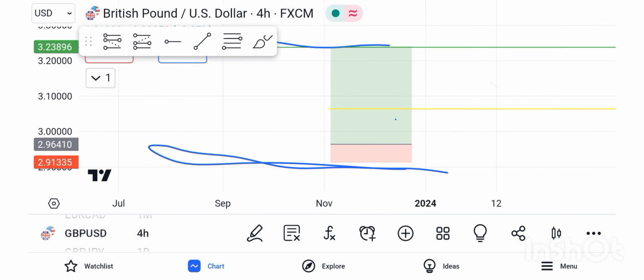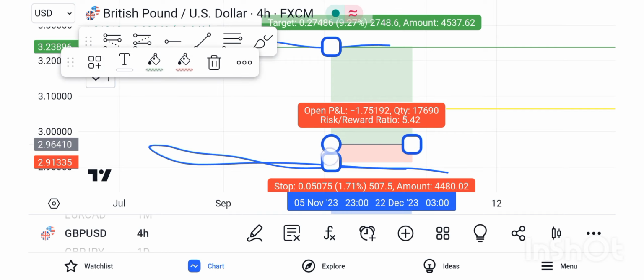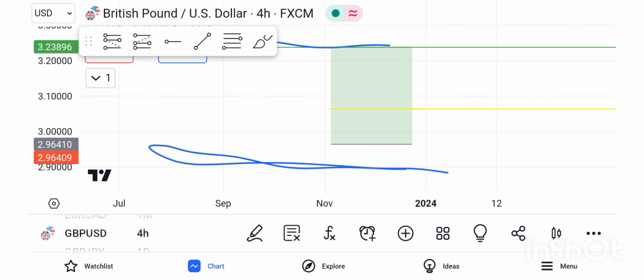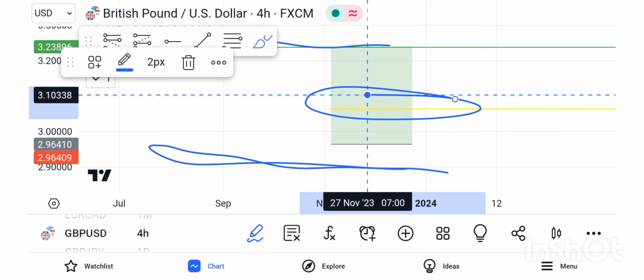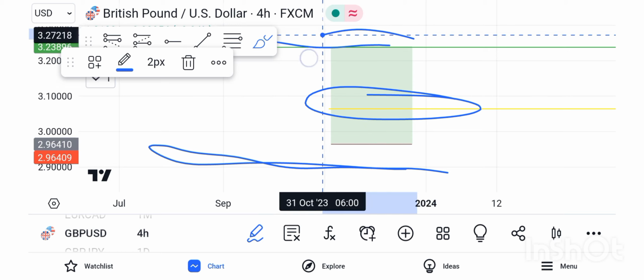More often, it's going to hit your 2:1 reward to risk ratio frequently. So at this first take profit level, you can take a certain percentage of your position out, move your stop loss to break even, and then allow the rest to run to this area.